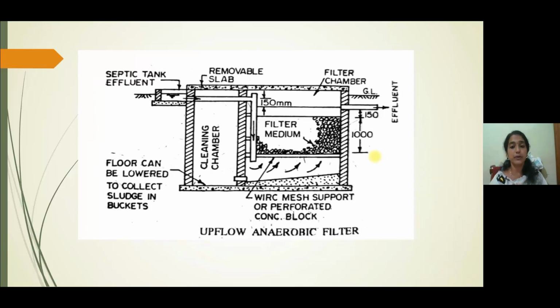This is a sectional view of an upflow filter, that is an anaerobic filter. Here you can see two chambers, a cleaning chamber and a filter chamber. Filter material, that is stone, is provided in the second chamber, the filter chamber, and this is encased within a tank, with a removable slab at the top.